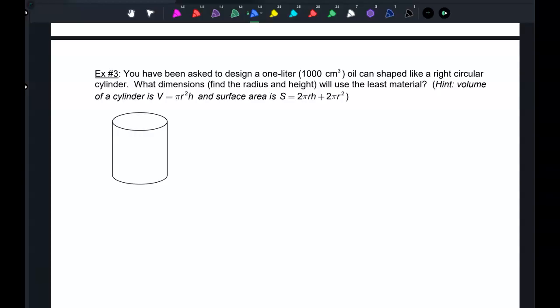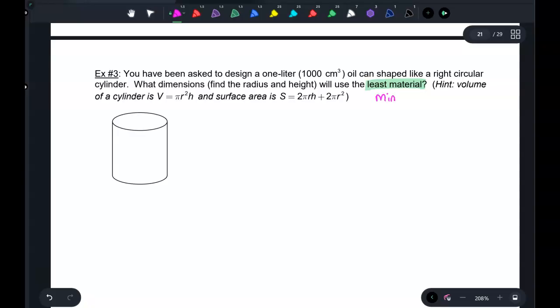Makes sense, right? We don't want to use the most amount of material. We want to find the least amount of material. Least amount of material, that's going to be surface area. So this time, when I see this, I'm thinking I want to minimize surface area.